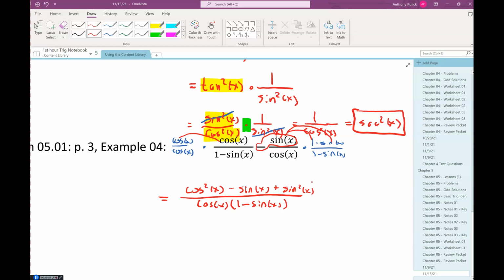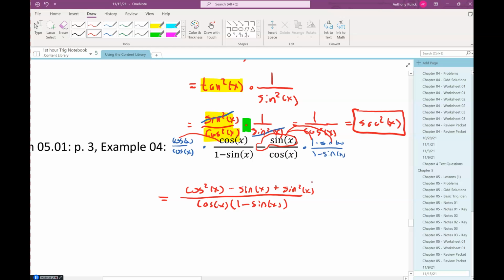Remember, when reducing a fraction, I can't reduce part of an addition and subtraction problem, right? Because I have stuff added to that cosine squared. I can't reduce part of the cosine squared with part of the denominator. It has to be like the whole shot or nothing, right? You have to have it in a factored form. So there's no more algebraic things to do here.